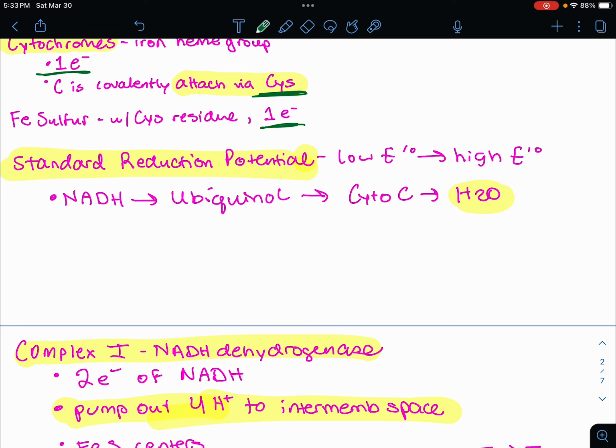So NADH has a very low E naught, and then you're going to flow the electron from NADH to ubiquinol, and then to cytochrome C. H2O has the highest E naught. So ultimately it's going to go from NADH to ubiquinol to cytochrome C, and then to H2O. Again, H2O is the final electron acceptor.